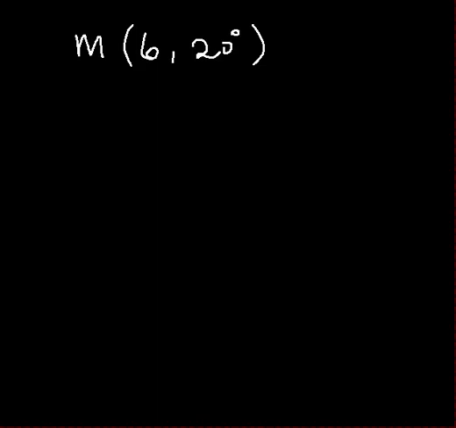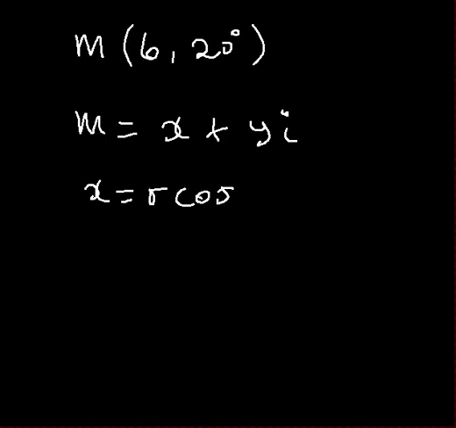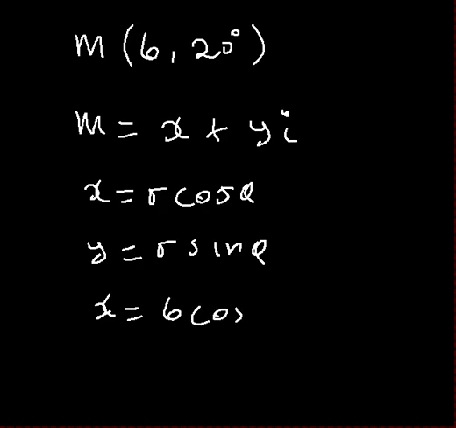In terms of the complex number, we have to understand that m has to be expressed as x plus yi, of which x is given as r cos theta and y is given as r sin theta. And what is x? It is 6 times cos of 20 degrees, which is 5.6.